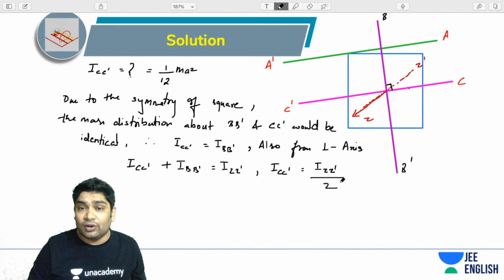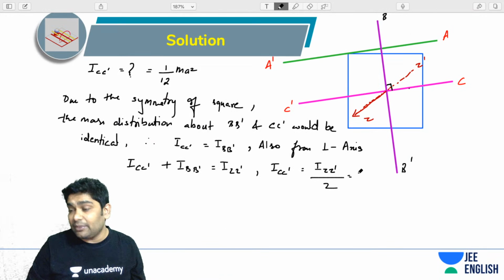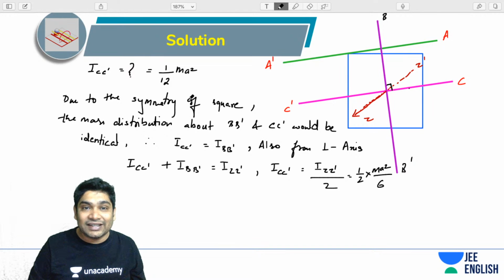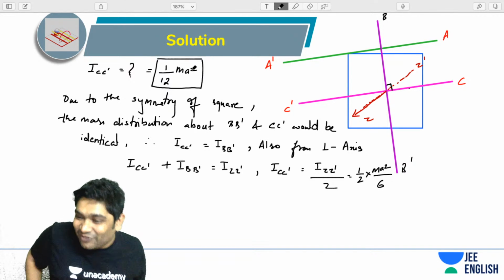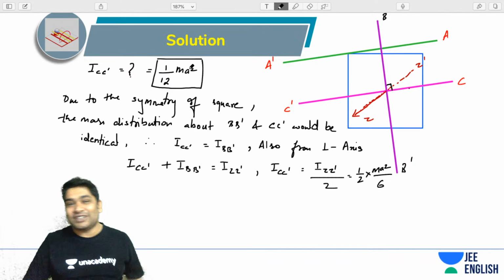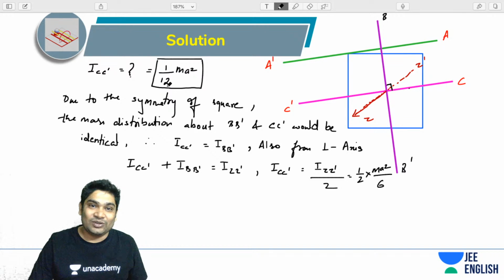IZZ dash I already know. IZZ dash was ma square by 6. I hope I had shown that in the last class. I don't know if you remember that. So since IZZ dash was ma square by 6, I immediately get that ICC dash is 1 by 12 ma square.